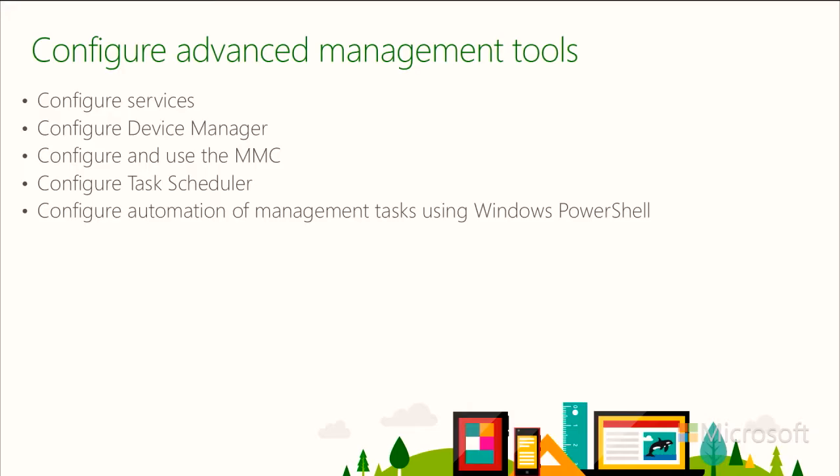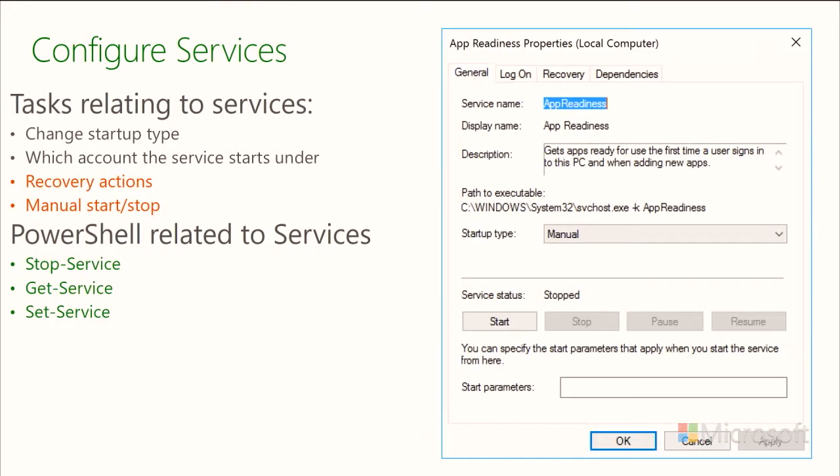Configuring advanced management tools are also important, and this goes back to making sure that you know how to use the device manager and how to use Task Scheduler and a number of other tools that allow you to automate configurations on Windows 10. In this section, we talk about services, device manager, Task Scheduler, Windows PowerShell, and understanding what those services can provide you on any machine.